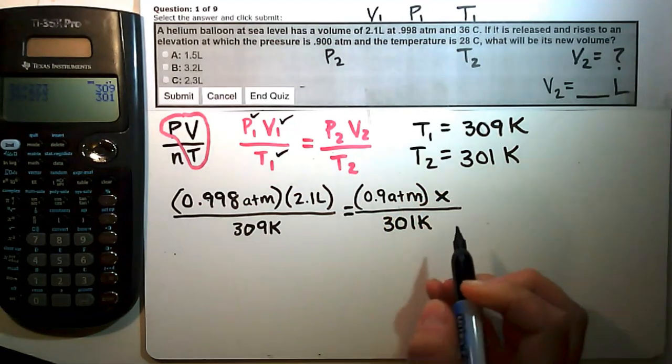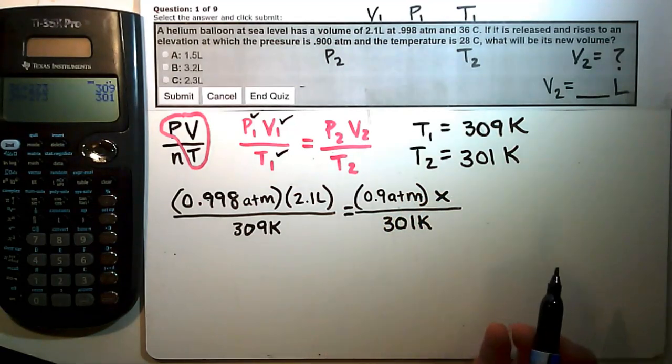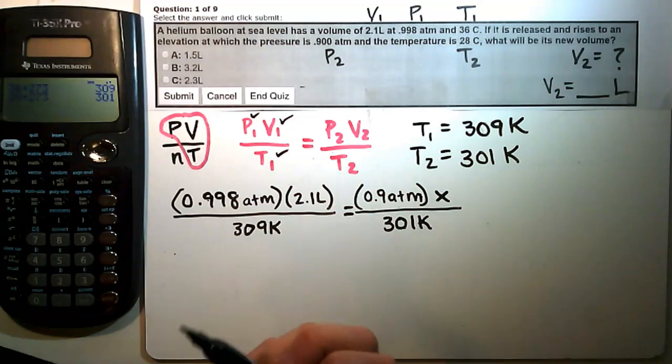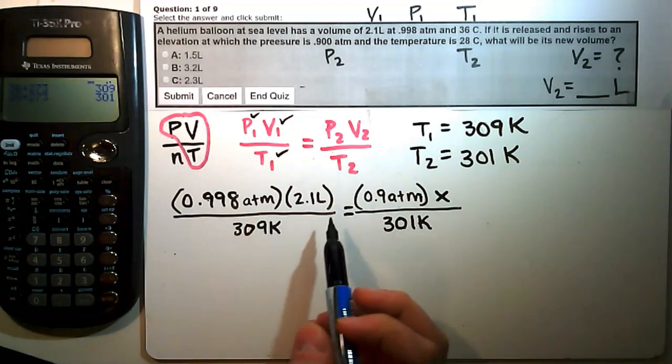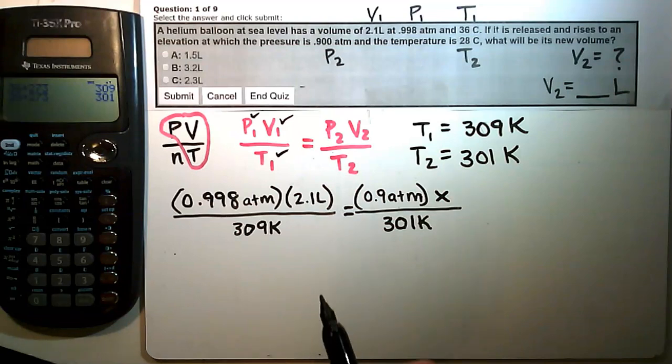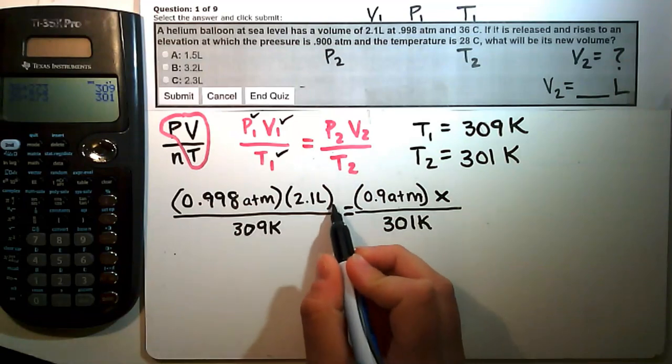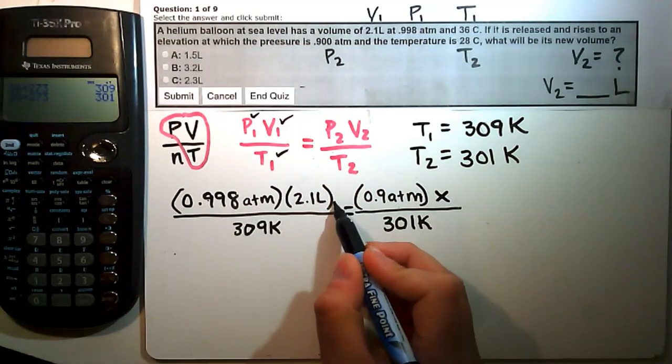So this is just a lot of numbers to substitute in. It's not really any harder, just more numbers. So now we need to cross multiply and do some algebra. I'm going to get rid of my units when I cross multiply and just hold on to those numbers.